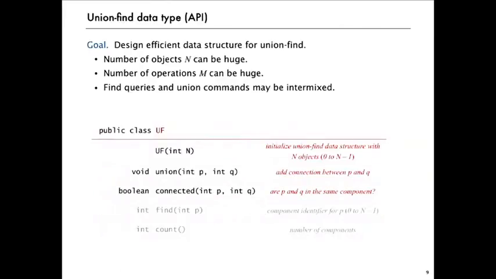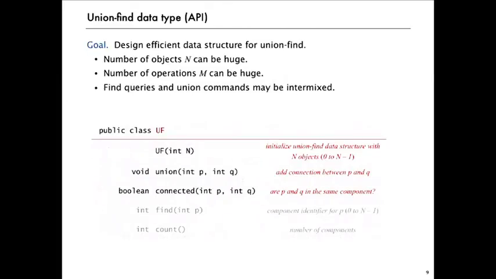All of that leads up to, in a programming world, to specifying a data type, which is simply a specification of the methods that we're going to want to implement in order to solve this problem. So in our typical Java model, what we'll do is create a class called UF that contains 2 methods, one to implement union, the other one to implement connected, which returns a Boolean.